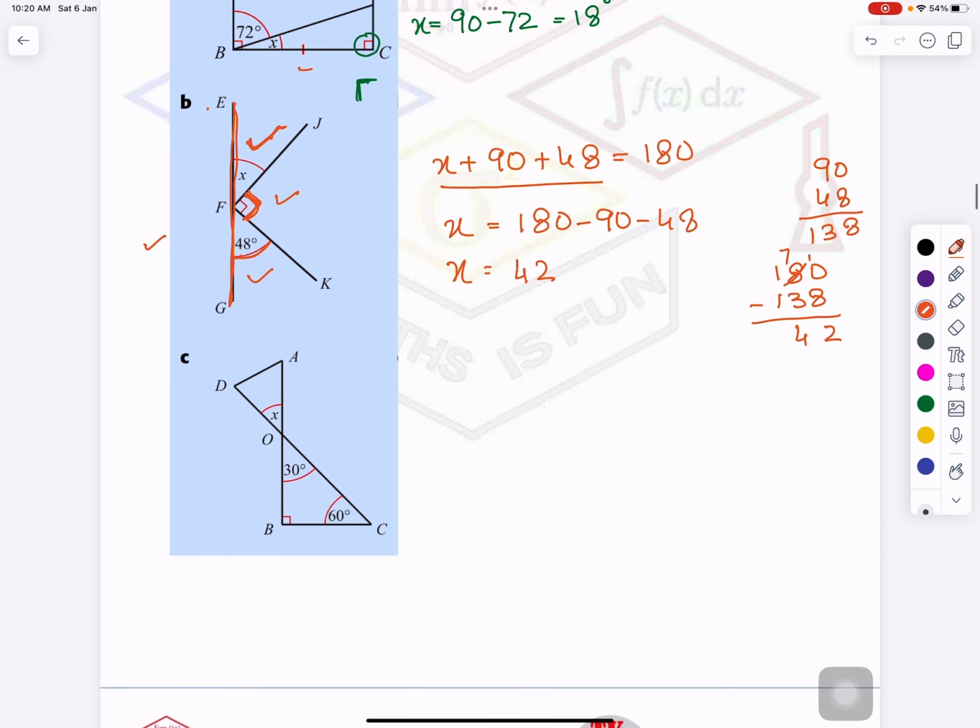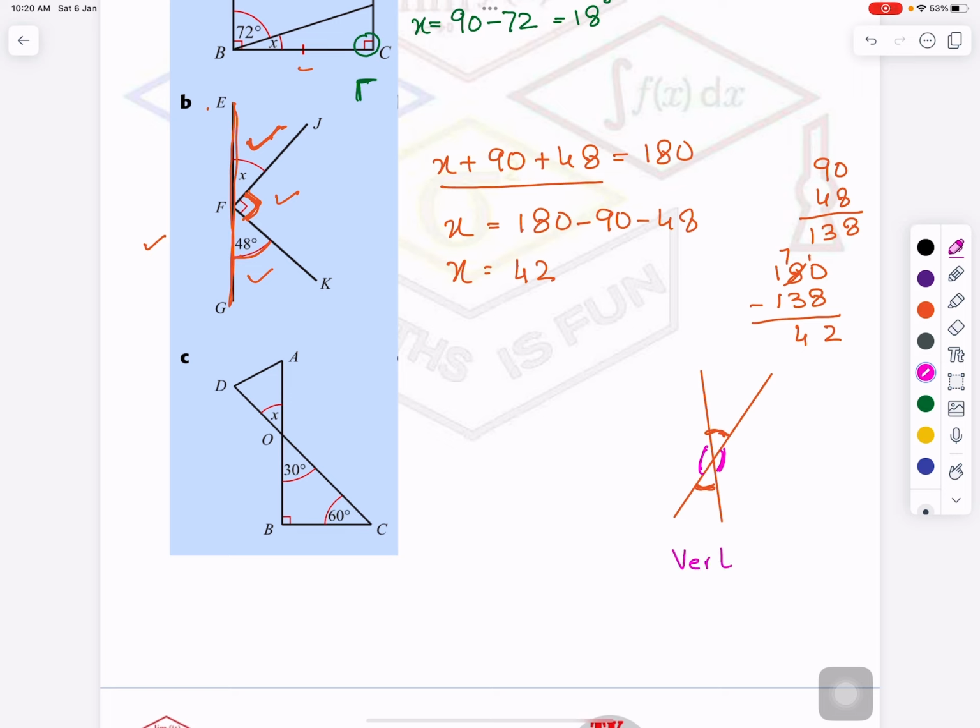Right. What about part C? Now here is one property which you must remember: when two lines cross each other like this, you know this angle equals this angle, and this angle equals this angle. And what is it called?